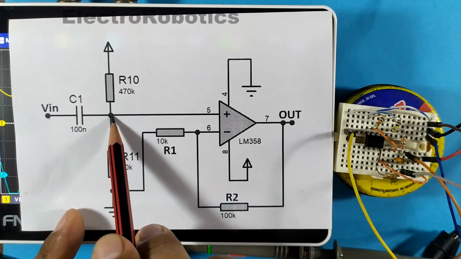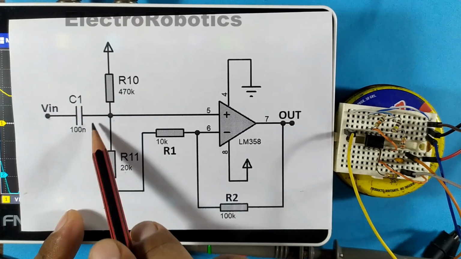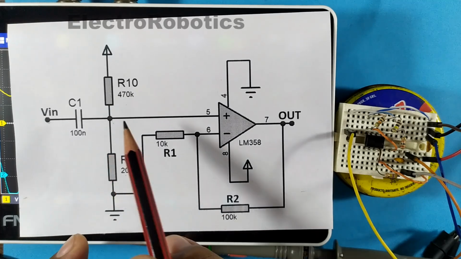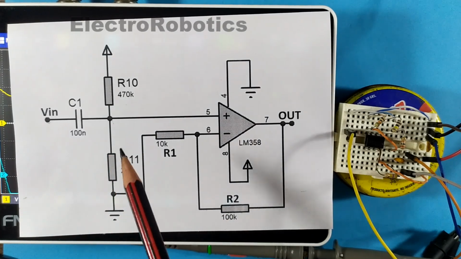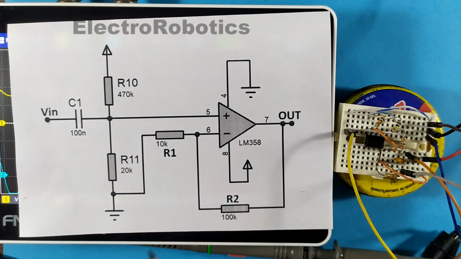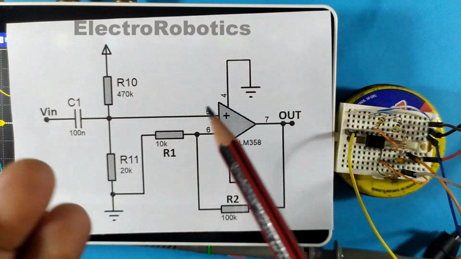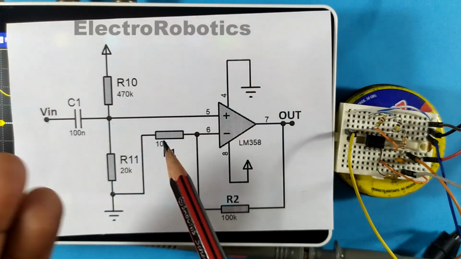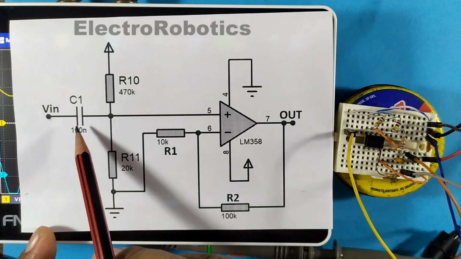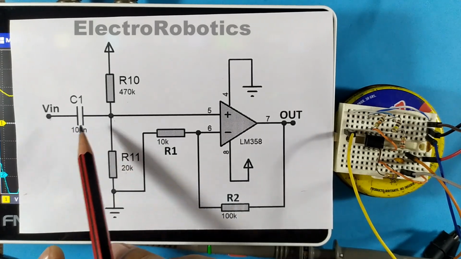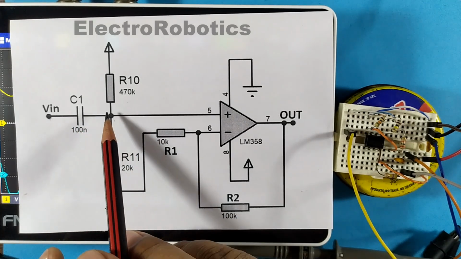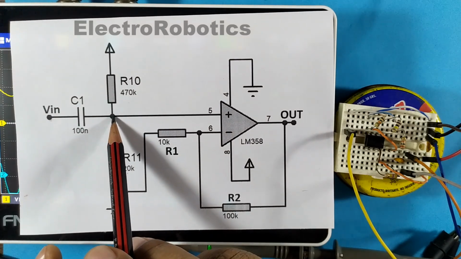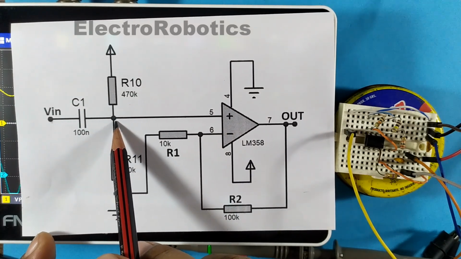And not here. Now we use this capacitor in this case to obtain the alternating voltage, but within the continuous range. So we are using it to couple the signal. We are going to couple it through the capacitor exactly at this voltage.